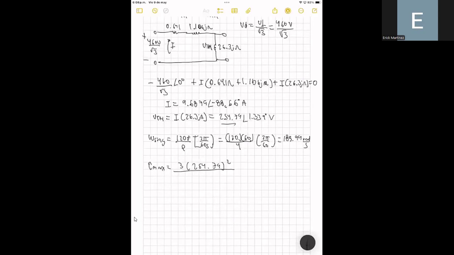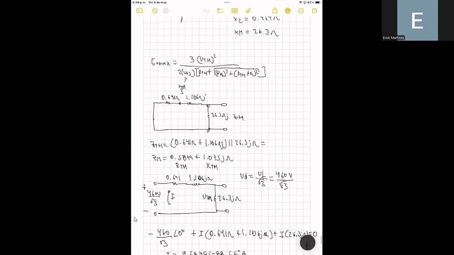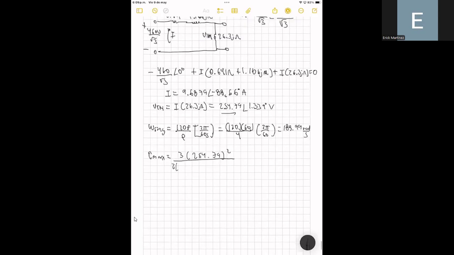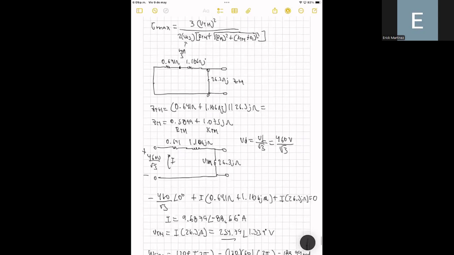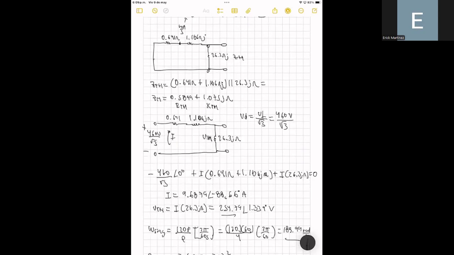We need to take into account the magnitude, that is why I'm using this number. This is the magnitude of the voltage, and I need to square that. And we need to divide this by 2 times the synchronous speed, that is 188.49. And this is all multiplied by, if we go back to the equation, the real part of the Thevenin impedance. That was 0.58.